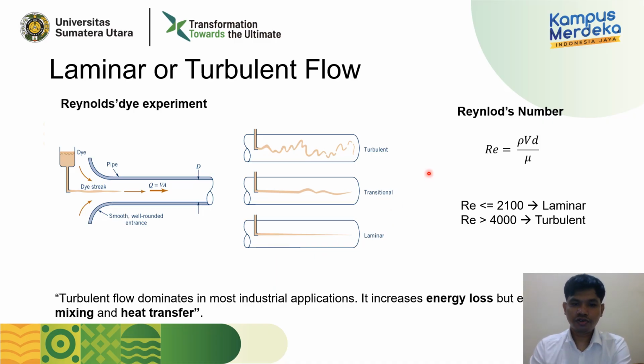And when we talk about transitional, at the beginning it is stable, but after some regions it will fluctuate. And the last one, of course, is turbulence. From the beginning, it is fluctuated and chaotic, and it is difficult to predict the fluid flow phenomena inside the pipe.